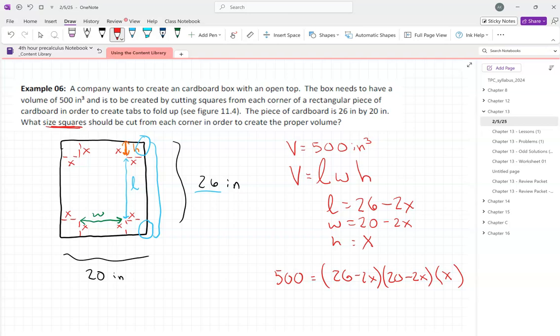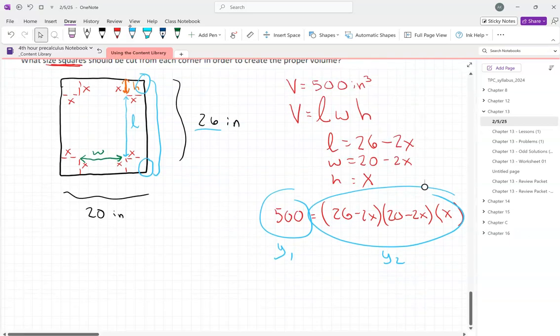That all sounds like a colossal nightmare to me, because I don't even know that this is going to come out to be a factorable polynomial. I'm not going to do any of that. I'm going to solve this by graphing. I'm going to put this into y1 and this into y2 and find the intersection. That seems like a much better route to me because I'm guaranteed to get an answer out of this.